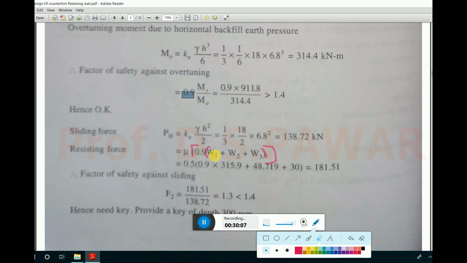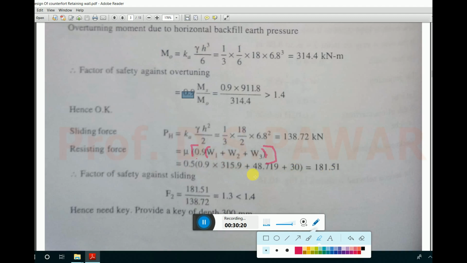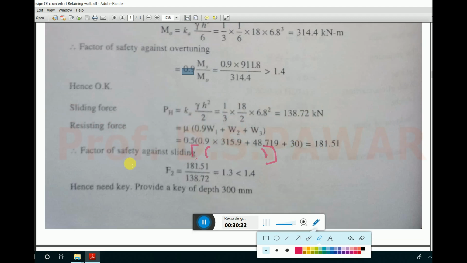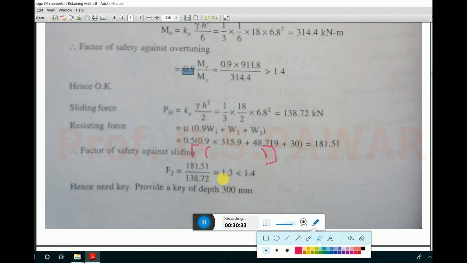We have already calculated W1, the weight of soil, the weight of the counterfort, the weight of the stem and the weight of the base slab. By putting in all these values you get the resisting force as 181, and the factor of safety against sliding is 181 divided by the total force we have calculated, that value is 1.3.